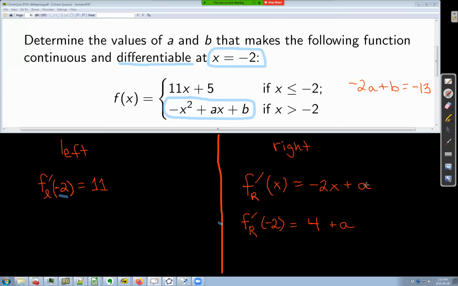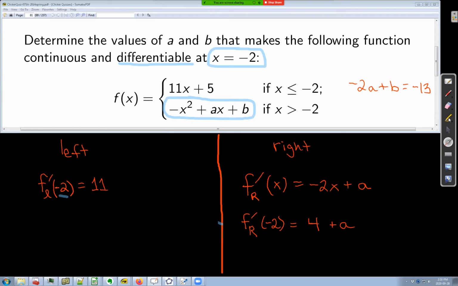A is this constant that I have no information about yet. So what happened there is I replaced everywhere I saw an x by -2, and so -2 times another -2 makes a +4.